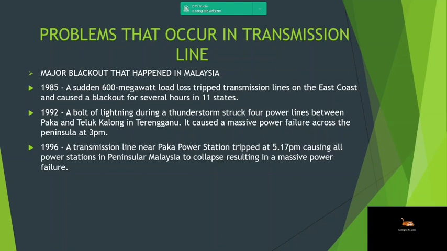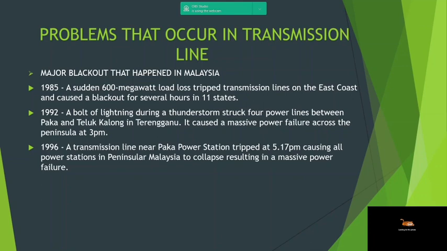In 1985, a sudden 600 megawatt load loss tripped the transmission line on the east coast and caused a blackout for several hours in 11 states. So in 1985, there was a major blackout because of the 600 megawatt load loss trip suddenly.